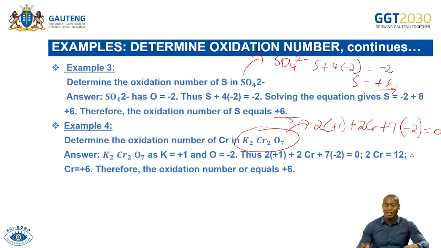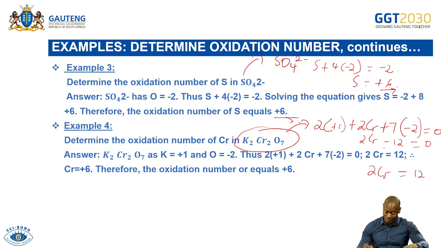So 2 minus 14. So I'm having 2Cr minus 12, because -14 plus 2 will be -12. This is equal to 0. So I'm having 2Cr equals +12. So now I'm transposing.